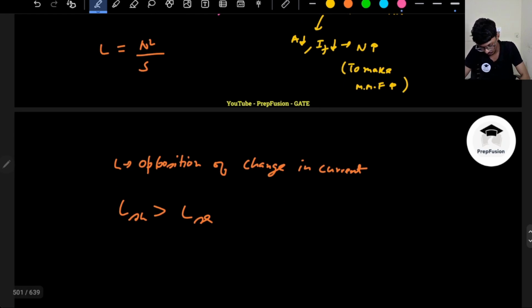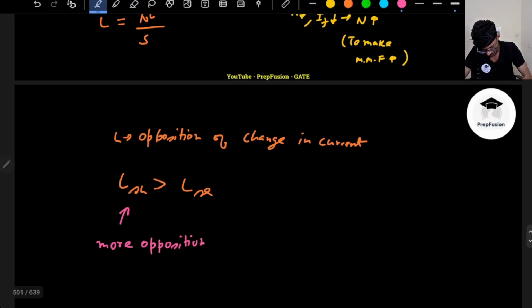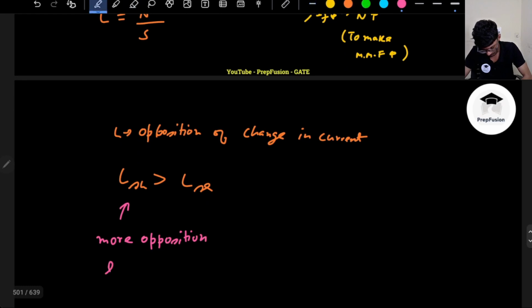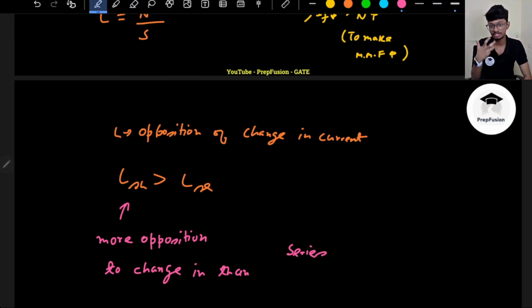Shunt winding will have more opposition to change in current than series winding. So series winding will allow the change in current, right? Shunt winding will not allow the change in current. So that's why series winding is preferred over shunt winding.